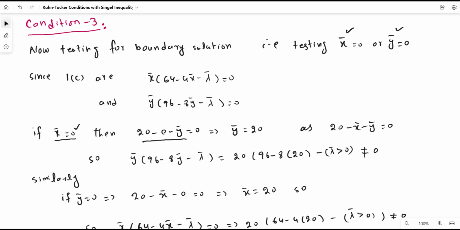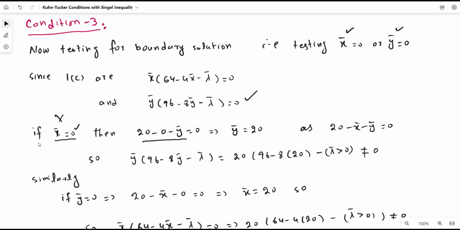So if x bar is equal to 0, then y bar is equal to 20. Put y bar equal to 20 in this equation. It would be something like this: 20 into 96 minus 8 times 20 and minus lambda bar, but lambda bar is positive. So if you look at it, it is not equal to 0, right? So that's why we conclude that x bar is not equal to 0.